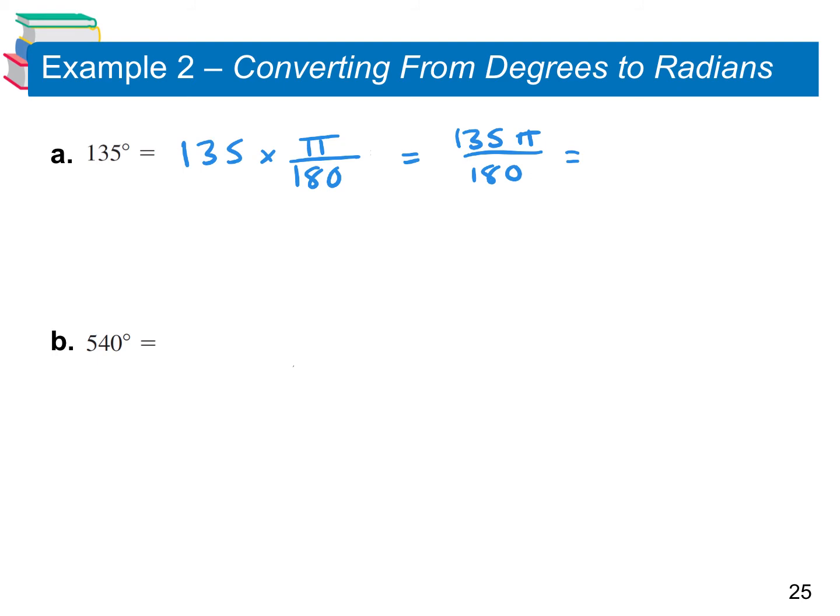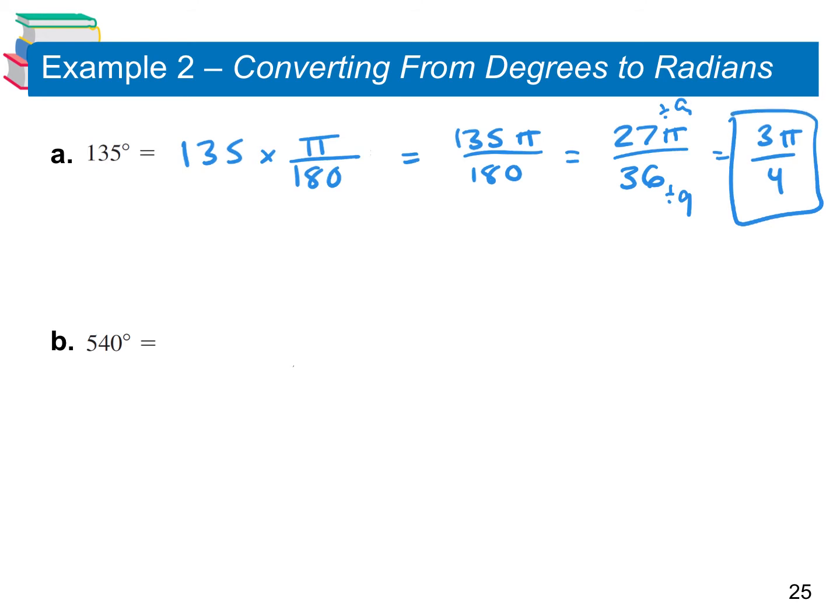So 135 divided by 5 is 27 pi. And 180 divided by 5 is 36. And then you can also divide these again by 9. So 3 pi over 4. So 135 degrees is 3 pi over 4 radians.